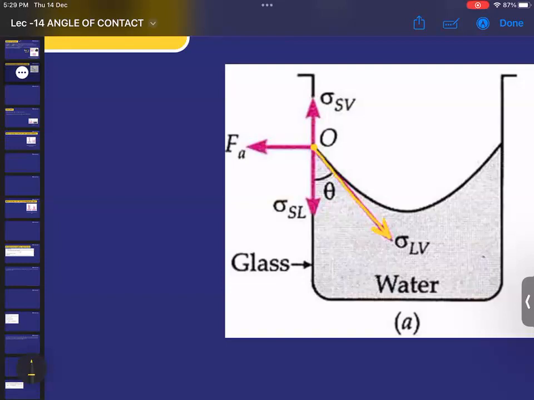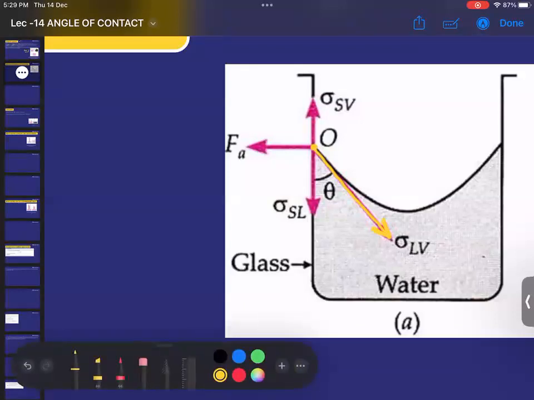This tangent I'll give a name: surface tension of the liquid and vapor surface. So are you okay if I change it to T? I'll change it as T.